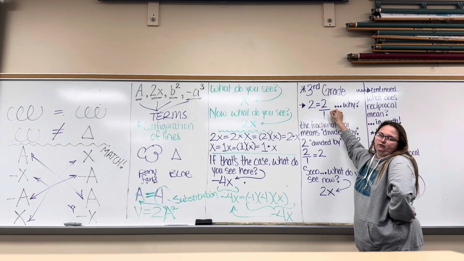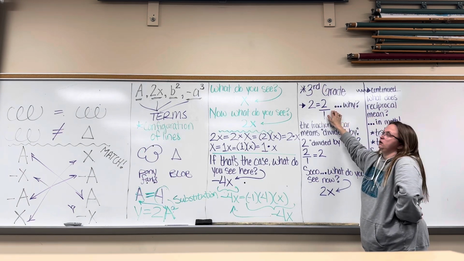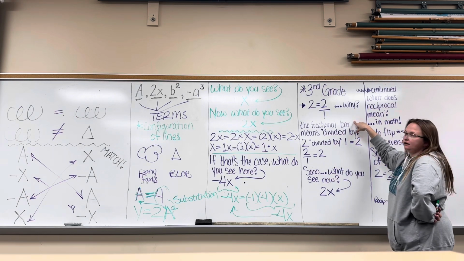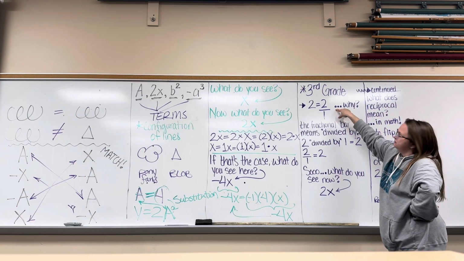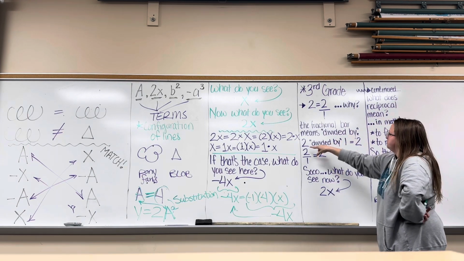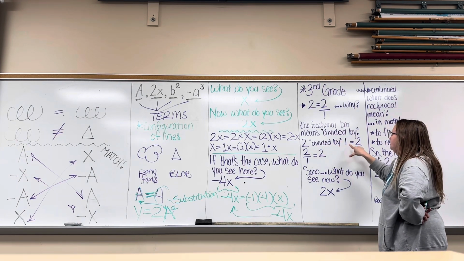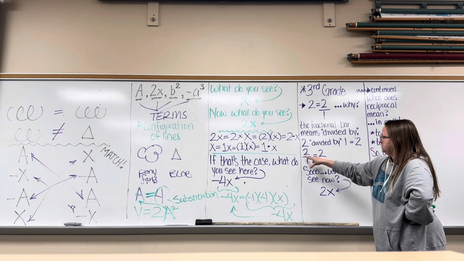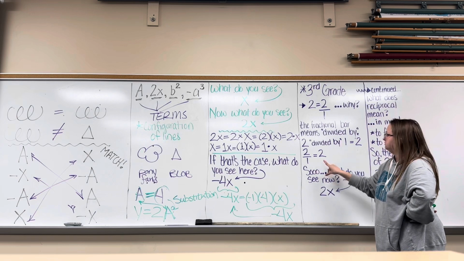So you've got your fraction here. 2 equals 2 over 1. Why? That is because the fractional bar, this little doohickey, means divided by. 2 divided by 1 equals 2.